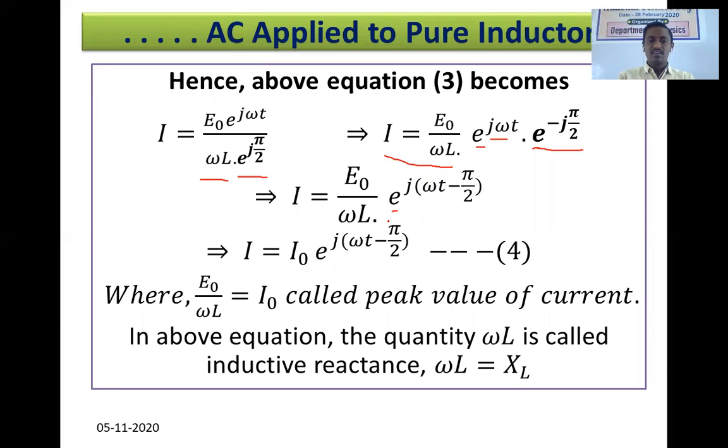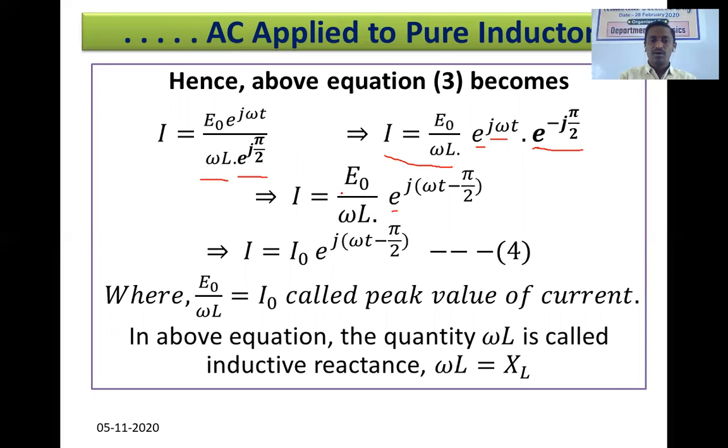But in this equation, the term E0 upon omega L, here E0 as we know is the peak value or amplitude of the AC voltage applied to the circuit. So it is similar to the voltage, and omega L is the inductive reactance, that is the opposition of the inductor to the flow of AC, and as we have discussed, it is analogous to resistance.